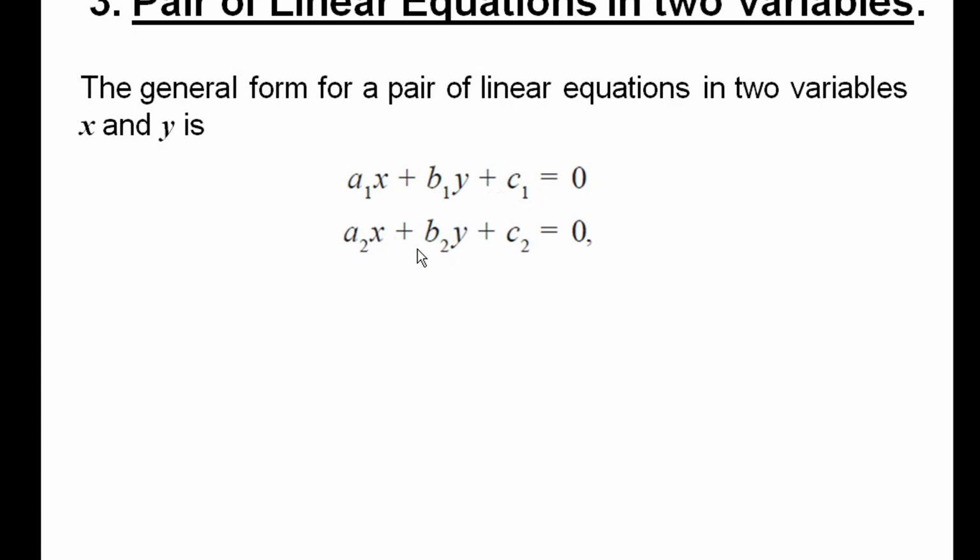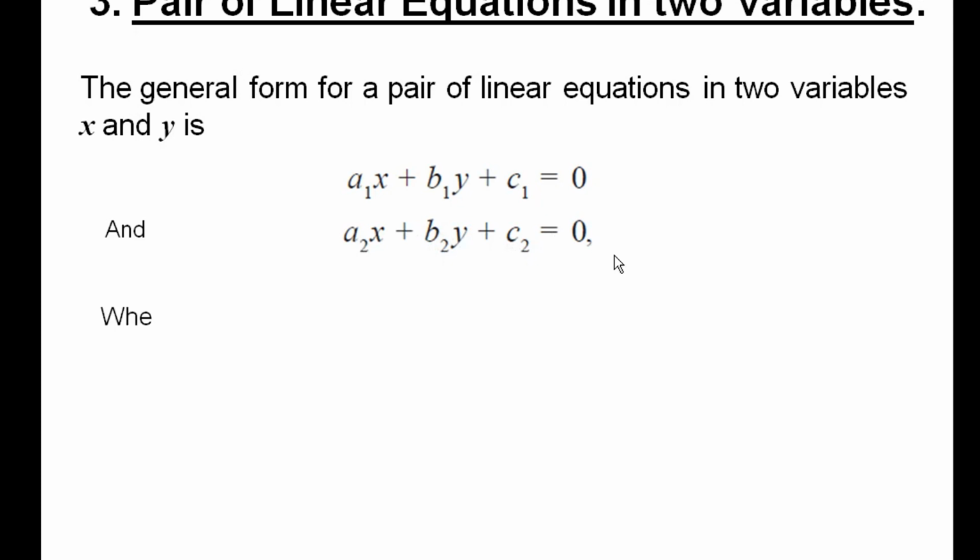And in the second equation, that's why it is called a pair of equations, a2x + b2y + c2 = 0, where a2 is the coefficient of x in the second equation, b2 is the coefficient of y, and c2 is the constant term.